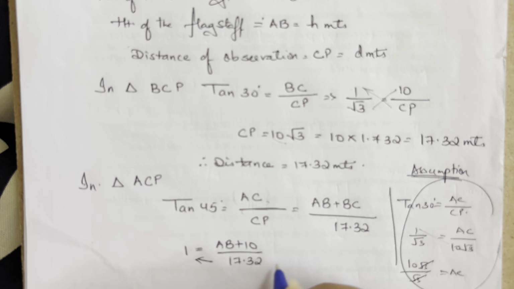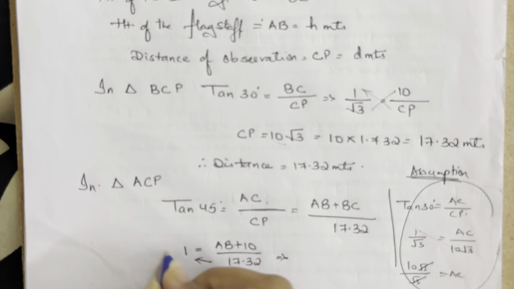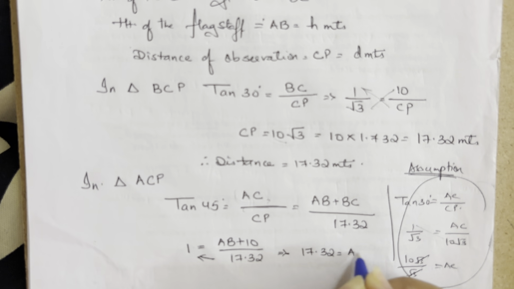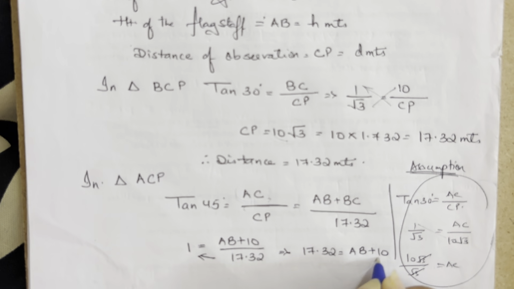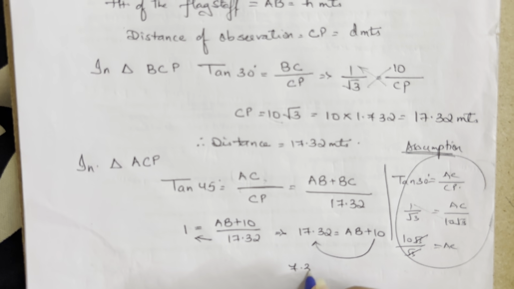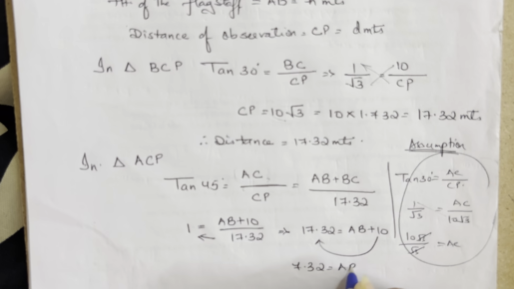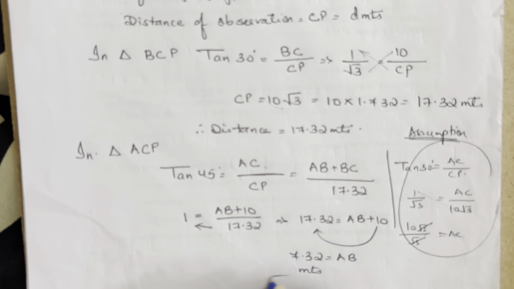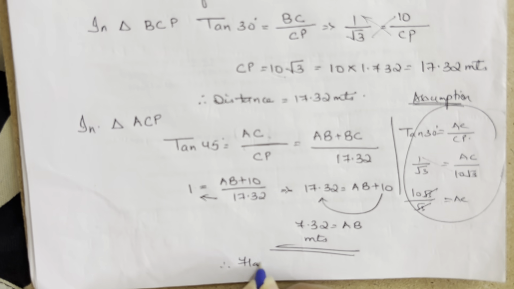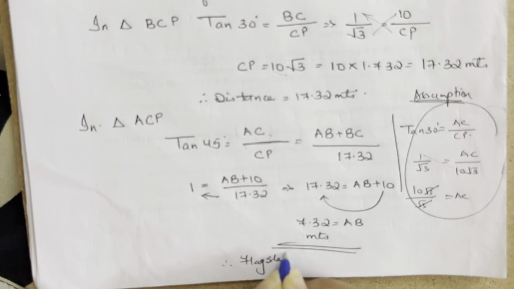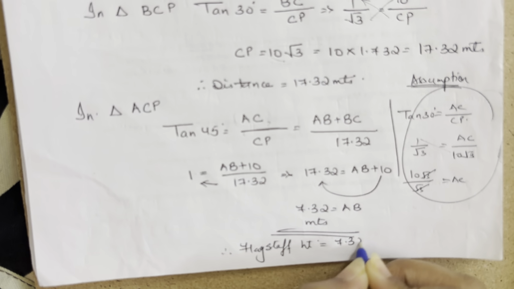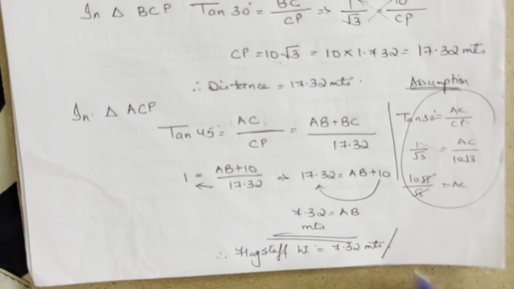Sending it towards the other side, it becomes 17.32 is equal to AB plus 10. Now when I send it towards the other side, it becomes subtraction. 7.32 will be the AB. This is in meters, that is the height of the flagstaff. Therefore, flagstaff height is equal to 7.32 meters is what we are going to write.